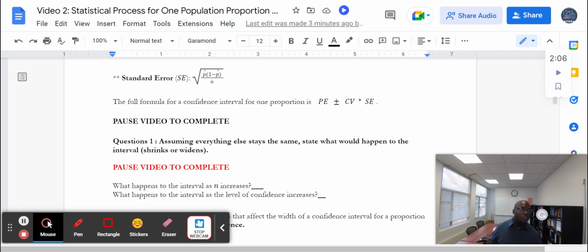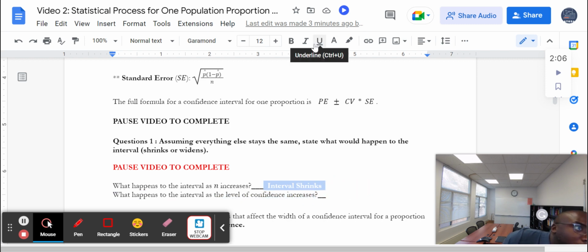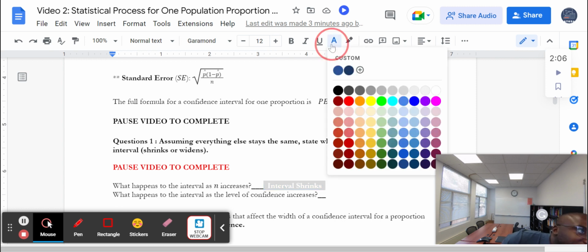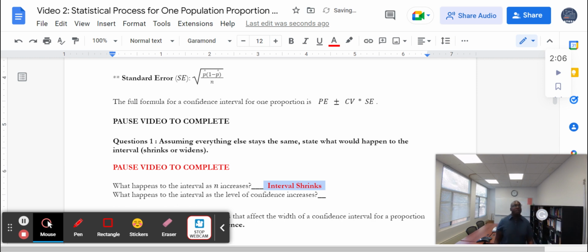Ideally, the interval should shrink. The more data we get from the actual population, the more accurate our estimate of that parameter, of that proportion, will be. Now, what happens to the interval as the level of confidence increases?